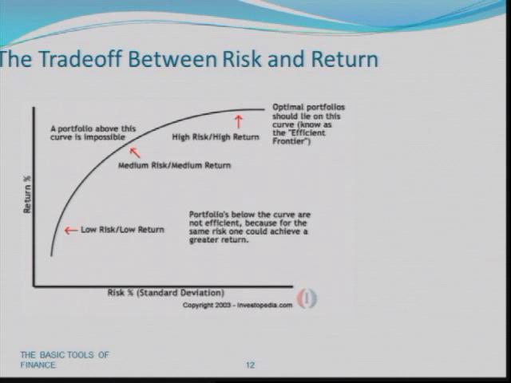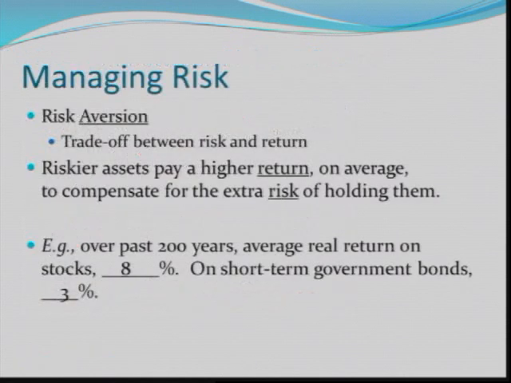Another reason why I want you to know these numbers, I know they're just averages, is that if you get something in the mail saying, come to this dinner, we promise you a 20% return on your money or 30% return on your money, you just throw that away.